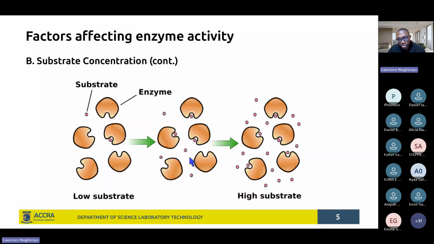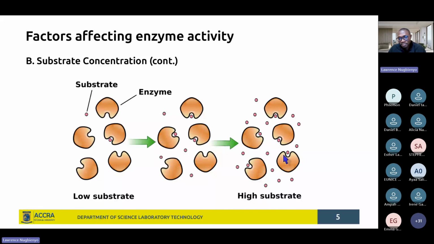But as you continue to increase the amount of substrate in the system, now you see that all the enzyme molecules are occupied and you have substrates that no longer have enzyme molecules that they can bind to.